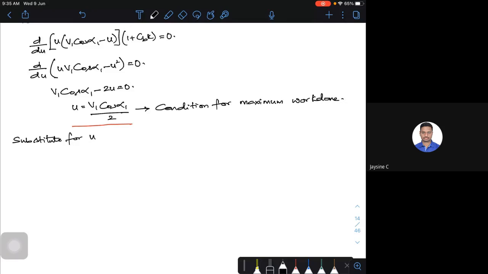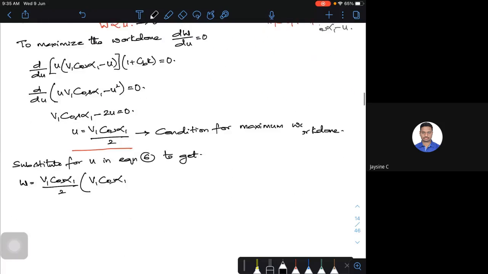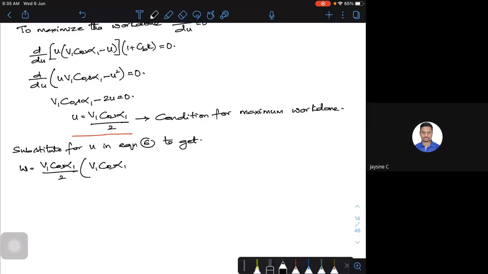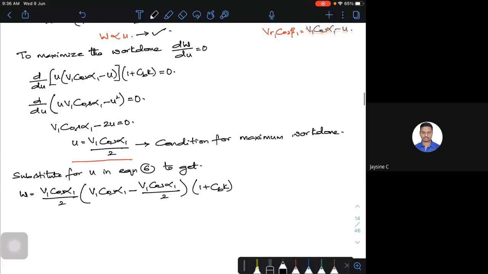So W is equal to, wherever u is there, I'm going to substitute it: v1 cos alpha 1 by 2 into (v1 cos alpha 1 minus v1 cos alpha 1 by 2) into (1 plus cb) into k. This is what I am going to do.